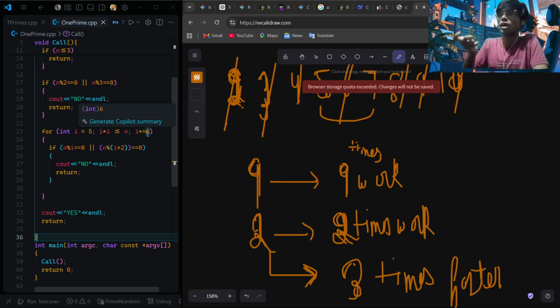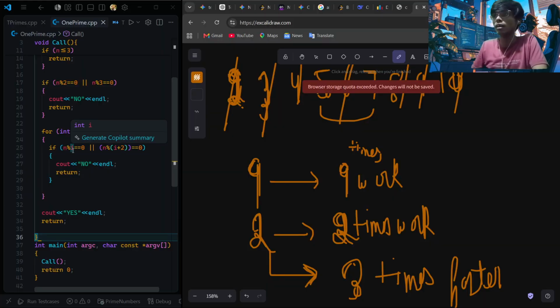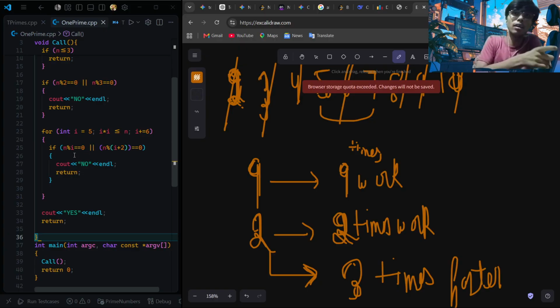And what will I do? I will check with i and i plus 2. I will take the modulus with i, and the modulus with i plus 2, and check whether either i or i plus 2 divides this number.